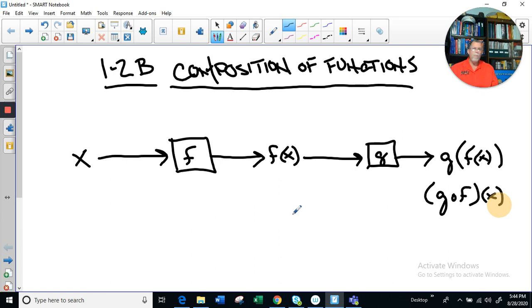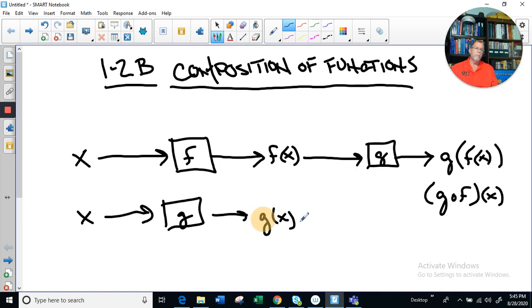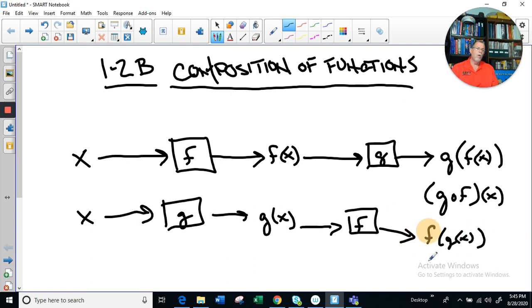Now, we could do it the other way. We could do x and plug it into, say, the function that we had called g, and we would get out g of x, right? Now, if we plug that into the function we called f, we would get out f of g of x, or f circle g of x.